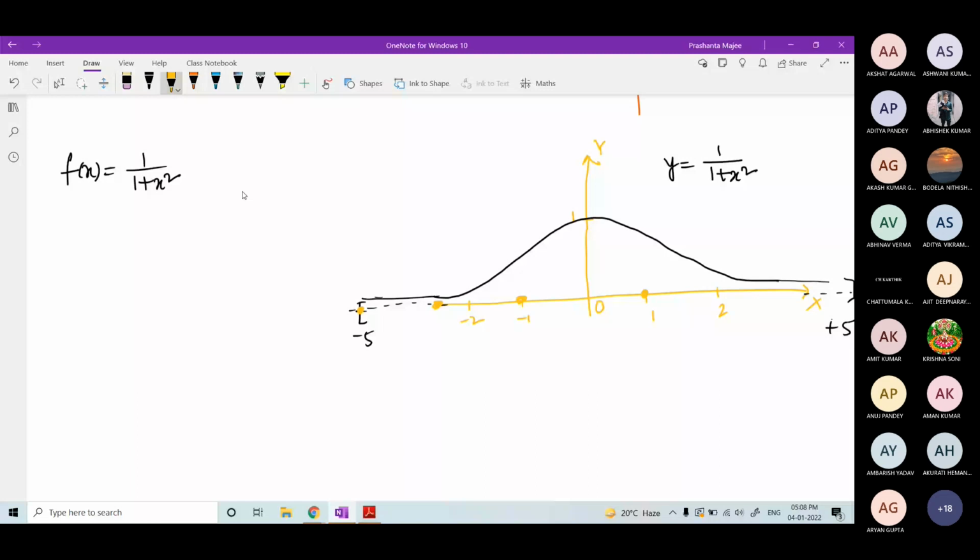So what is the corresponding y value at x equals -5? 1 by 1 plus 25, since 5 into 5 is 25. So it will be 1 by 26. At -3, it will be 1 by 10. Then at -1, it will be 1 by 2. Then at 1, again 1 by 2.